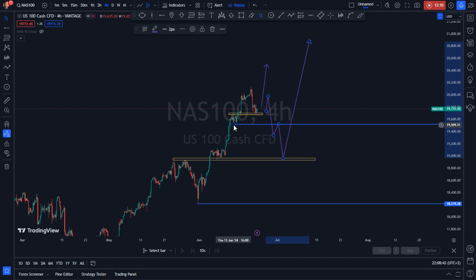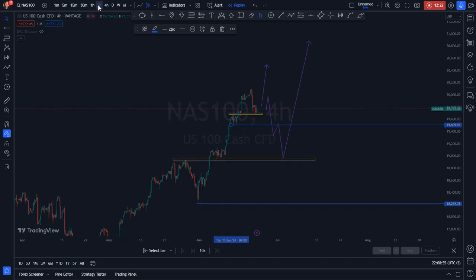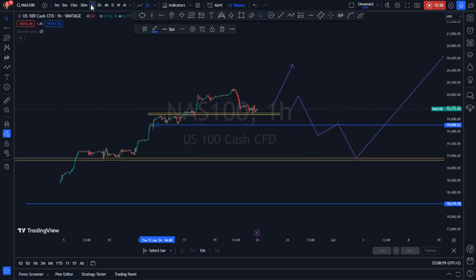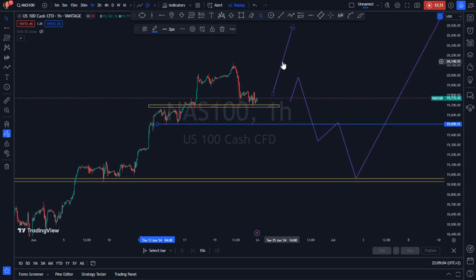Only if the market comes and breaks below this zone right here, that is when you'd be thinking of the market coming to retest this zone and going up. But for now, let's just stick to these buying opportunities that the Nasdaq is giving us. I think Nasdaq is definitely going to be buying from this zone right here, going all the way up. It's up to you if you go for a 1:3 route.